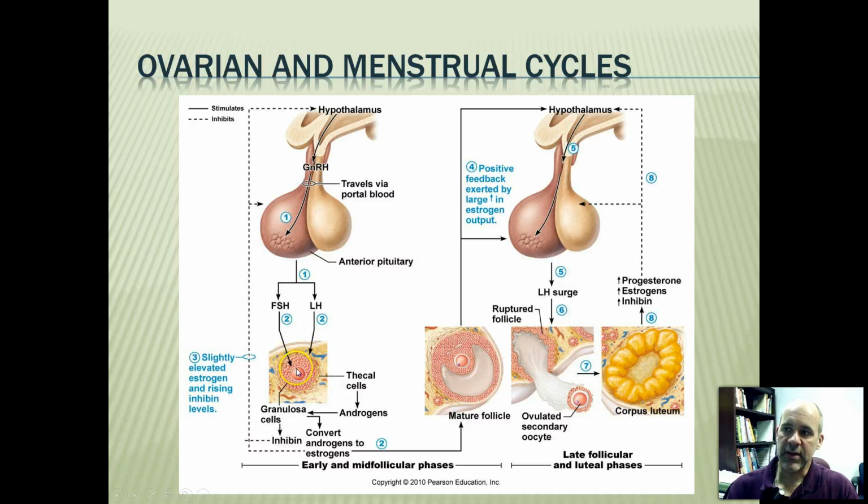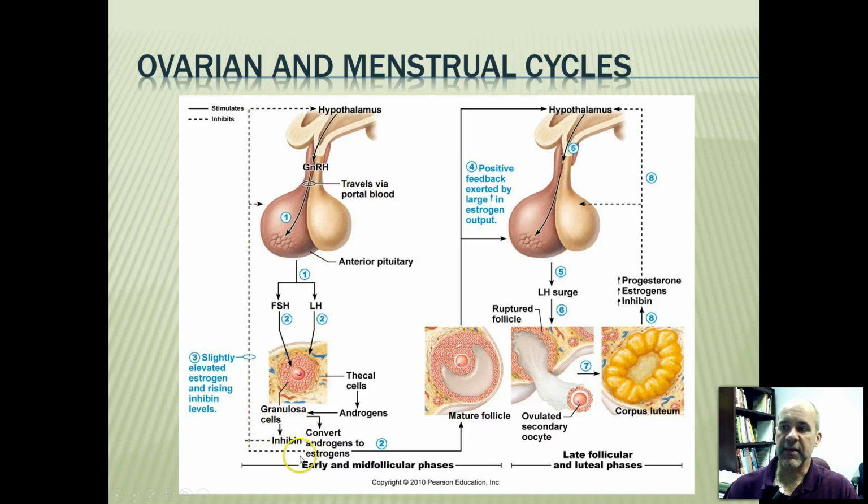And then your granulosa cells here take up those androgens and convert them to estrogens. The main female sex hormone that's responsible for the secondary sex characteristics is estrogens. And as these estrogens are made, and the reason it's estrogens, there's more than one type that are closely related, they act on the follicles themselves and trigger them to become even more mature. And again, hopefully you just have one becoming a completely mature follicle that's going to ovulate each month.